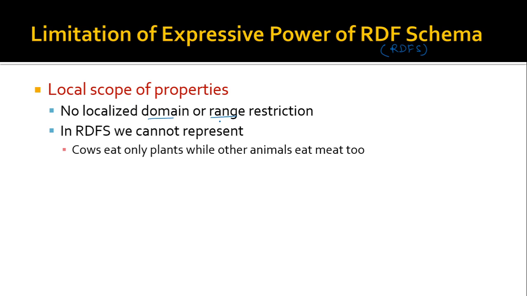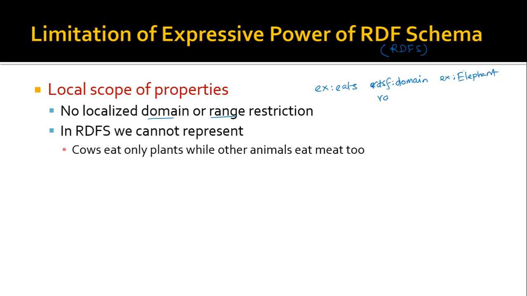What do we mean by that? Say you have one property, eats. Now you say the domain of eats is, say, animal, or say elephant, right?